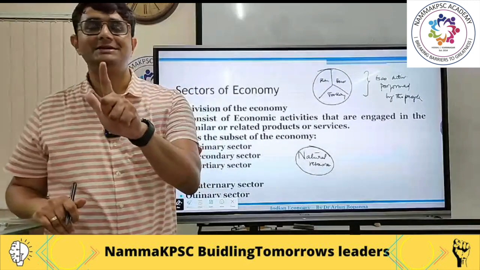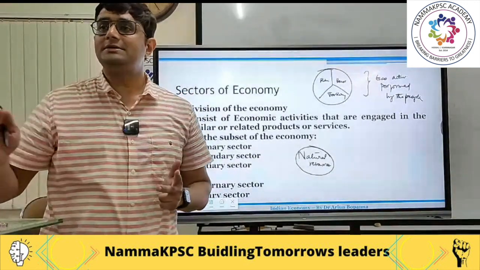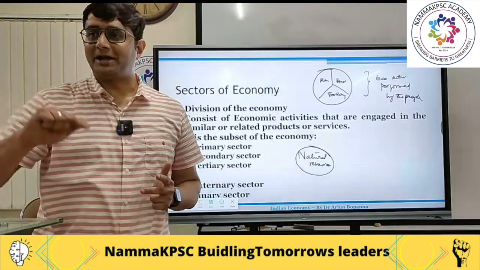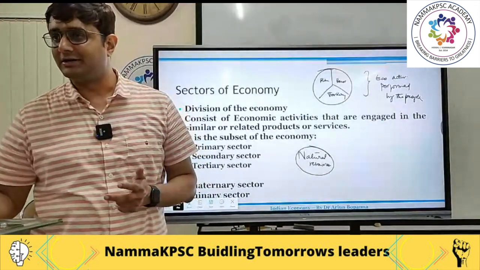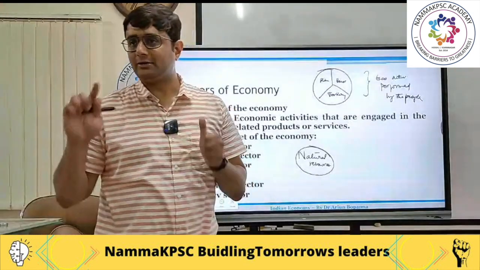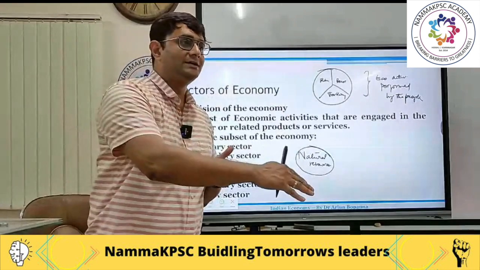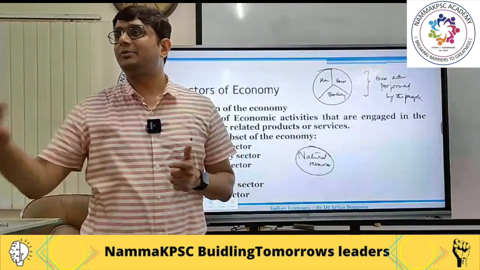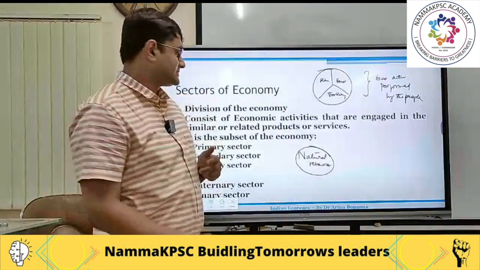And the tertiary sector is those which provide support to primary and secondary. So what is primary? Directly related to natural resource. Secondary means those which use primary sector products. Tertiary sector, those who provide support.